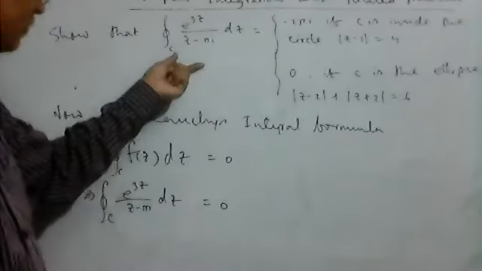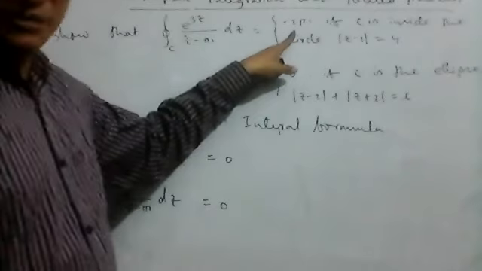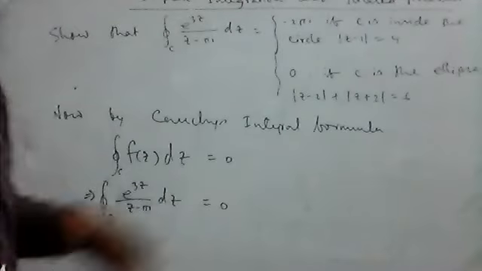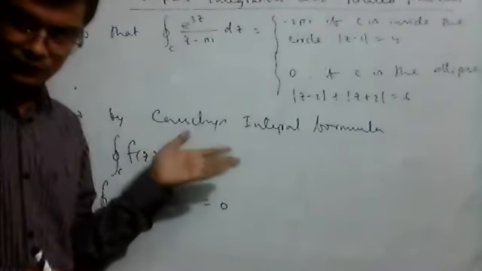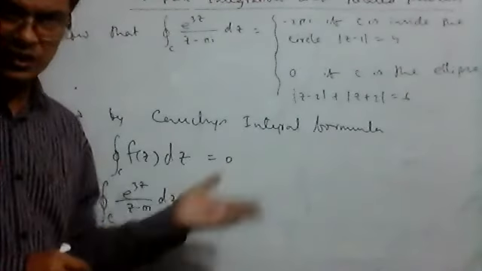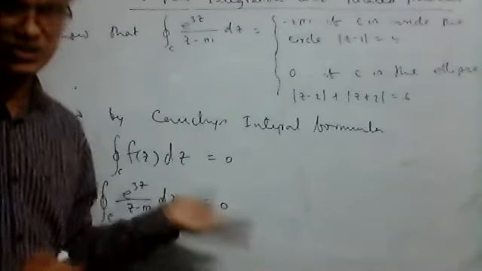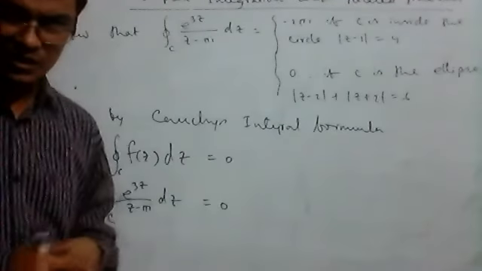We found the value of this integral inside the circle is minus twice pi I, which has already been shown. So these are all about the complex integration formula. Today we used Cauchy's integral formula for solving this problem.